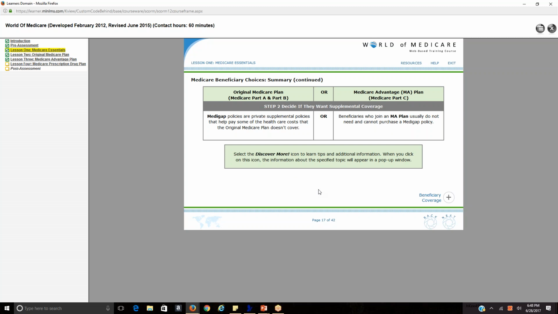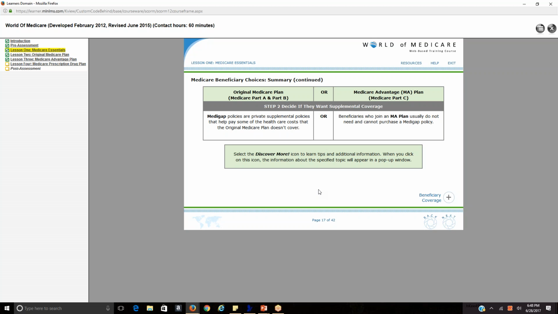Now, if the patient chooses Original Medicare, then they need to decide if they want the supplemental coverage. If they do want the supplemental coverage, the only choice they have is to stay with Original Medicare, which is Medicare Part A and B, and then they can choose to purchase a Medigap policy, which is a private supplemental policy that would help pay some of the health care costs that Original Medicare doesn't cover.